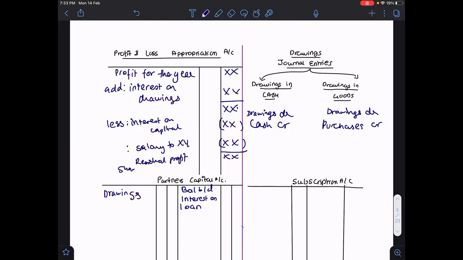Then share of profit, you'll divide it, mostly it's equal, so then you'll total it and make a line.